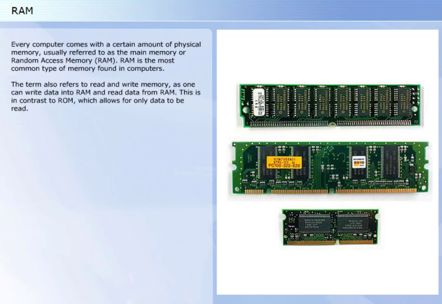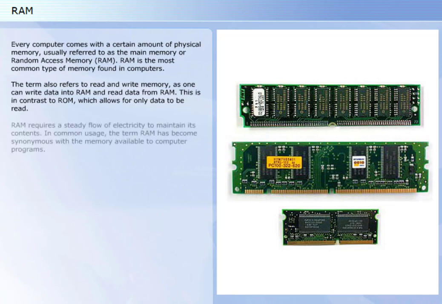This is in contrast to ROM, which allows for only data to be read. RAM requires a steady flow of electricity to maintain its contents. In common usage, the term RAM has become synonymous with the memory available to computer programs.